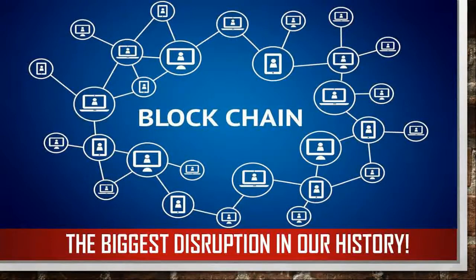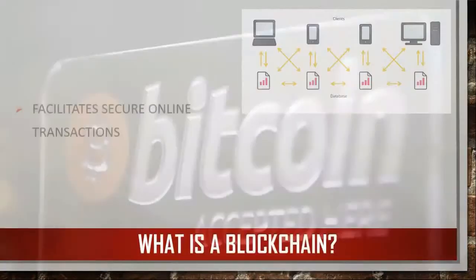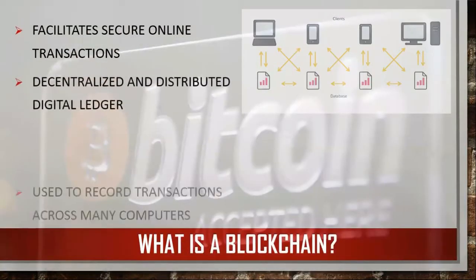A node is a console or a device that is mining Bitcoin. So you're going to hear terms like mining, nodes, staking. We're going to take things one step at a time so that everyone is clear about the new money.